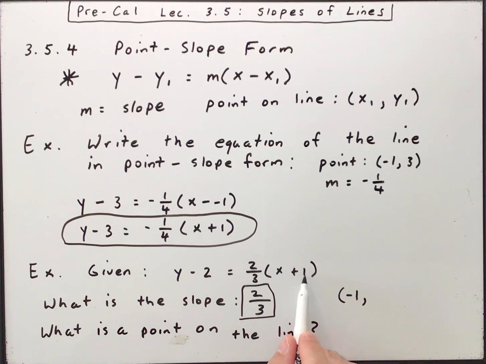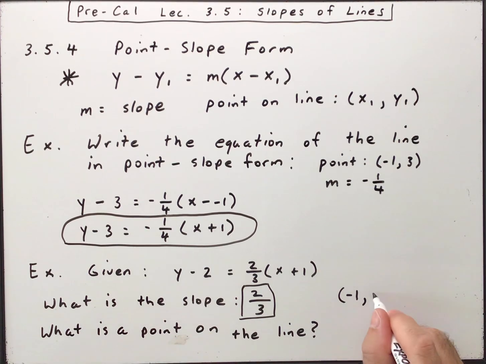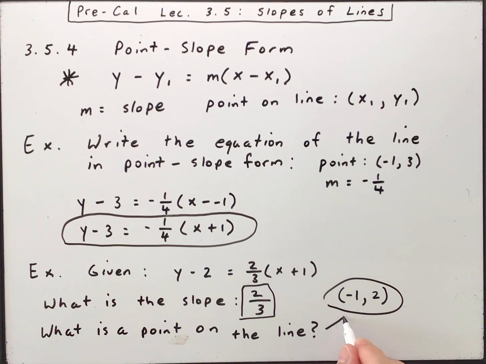But you've got a number here. Take the opposite sign. If this were x minus 1, it would be +1. But you take the opposite sign of +2 and that's -2. And so a point on the line there. And then you could test that by putting it back into the point-slope form and seeing if it matches.